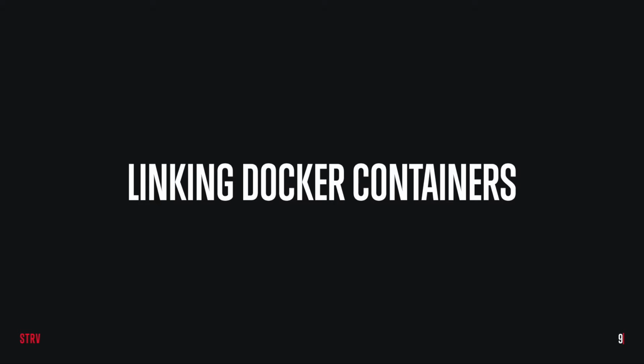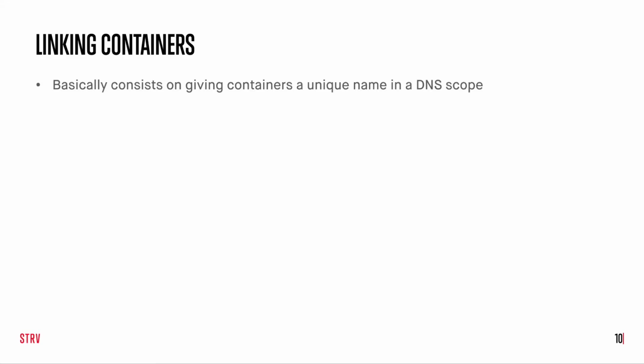Now, how can containers be linked? Basically, linking containers consists of giving containers a unique name in a DNS scope. There is one legacy way linking containers was achieved, the --link flag, so you can link containers manually to say that they should be able to address each other.